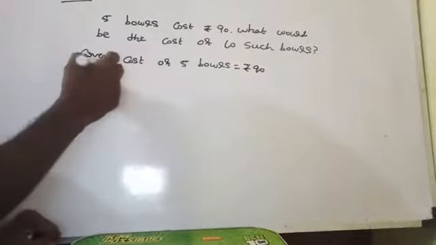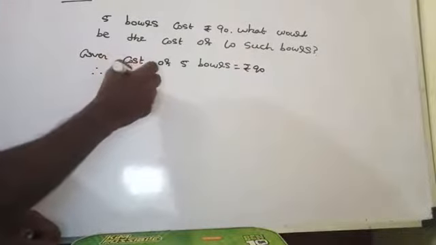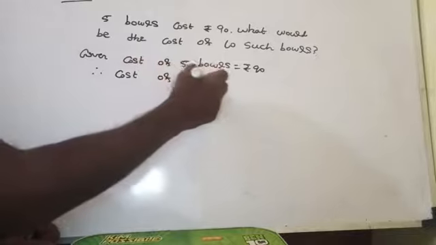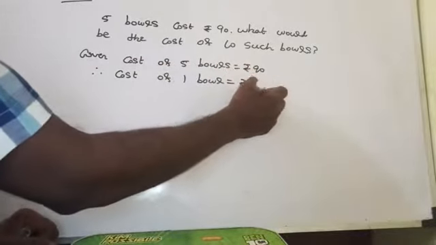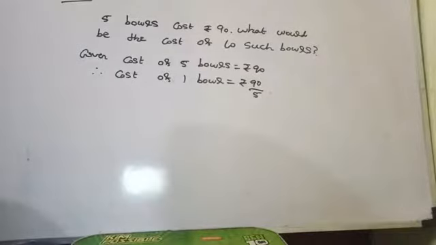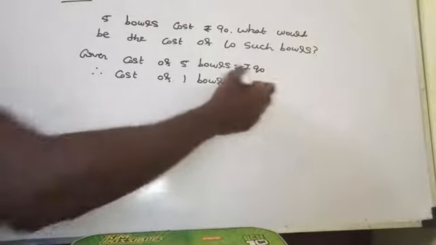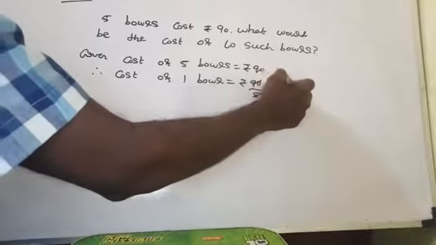So what is the cost of one bowl? The cost of one bowl is equal to rupees 90 by 5, which is equal to rupees 18.